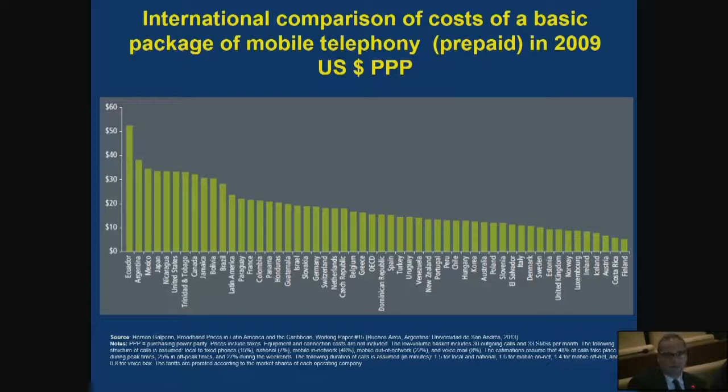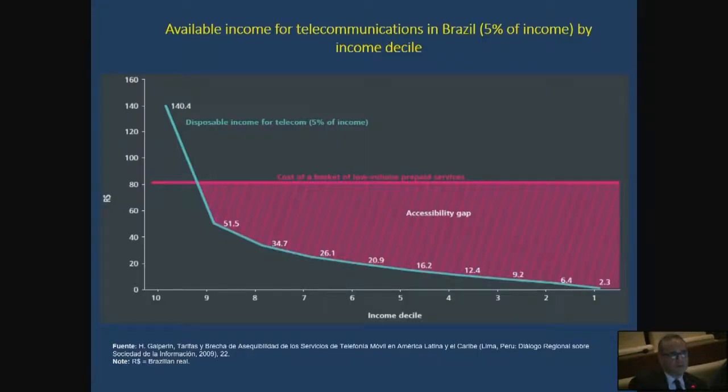Even within one country, looking at Brazil and the different income deciles, this is how much they can afford, according to the income distribution, of this prepaid standardized basket. You will see that only the higher quintiles can really afford it, or the share of their expenditure they have to use. They can buy it because they find a lot of utility, but the share of their expenditure they have to pay for it is a lot bigger relative, of course, to the higher income deciles.